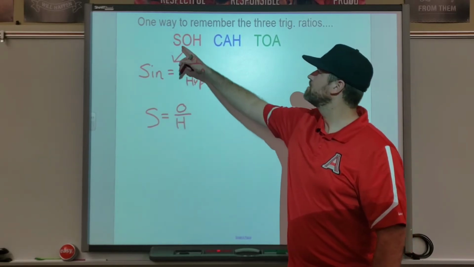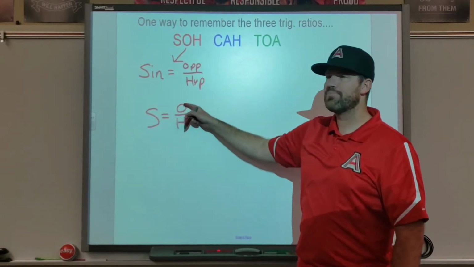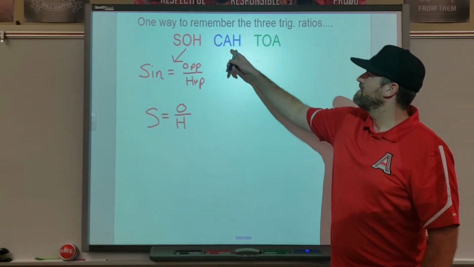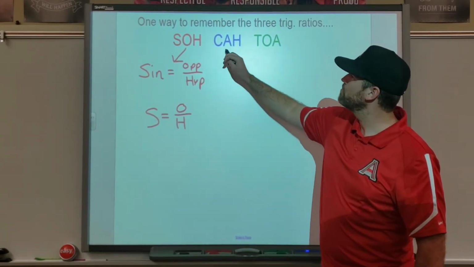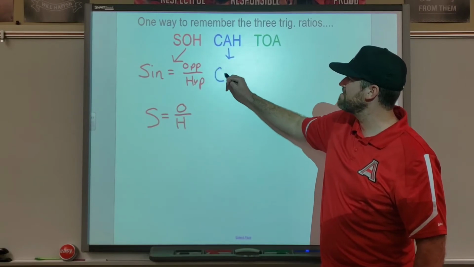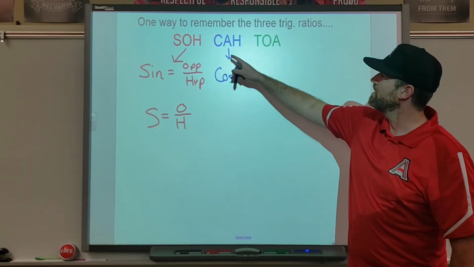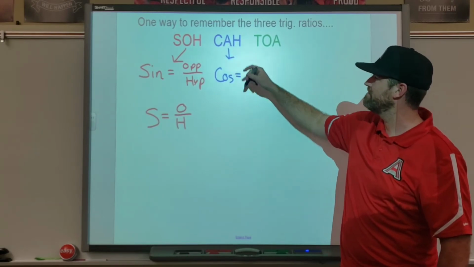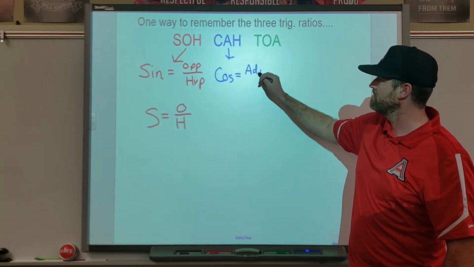So sine equals opposite over hypotenuse. And then we have C, or ka, which is going to represent cosine. And cosine is going to be the ratio of the adjacent side divided by the hypotenuse.